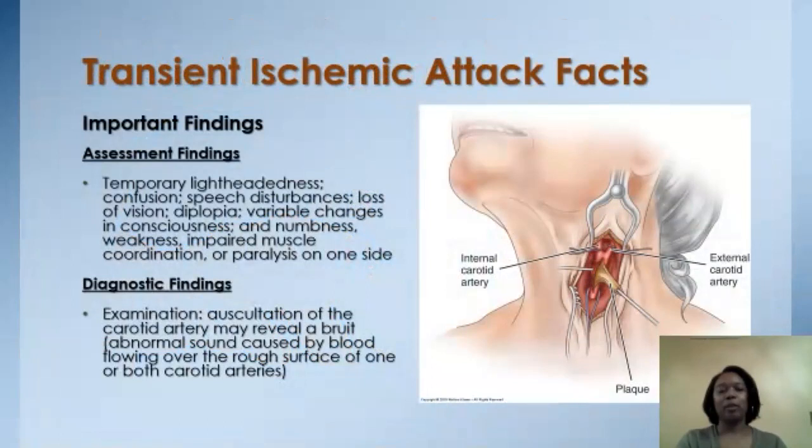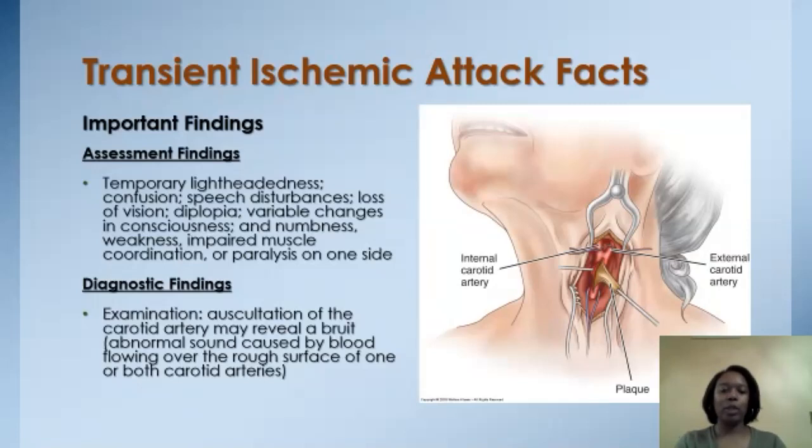Transient ischemic attack facts. We have already discussed what we can expect with a TIA. So let's talk about some of the clinical findings, which is temporary lightheadedness, confusion, speech disturbances depending upon the side of the brain that's affected, vision loss or vision changes, as well as numbness, weakness, and loss or impaired muscle coordination or paralysis.